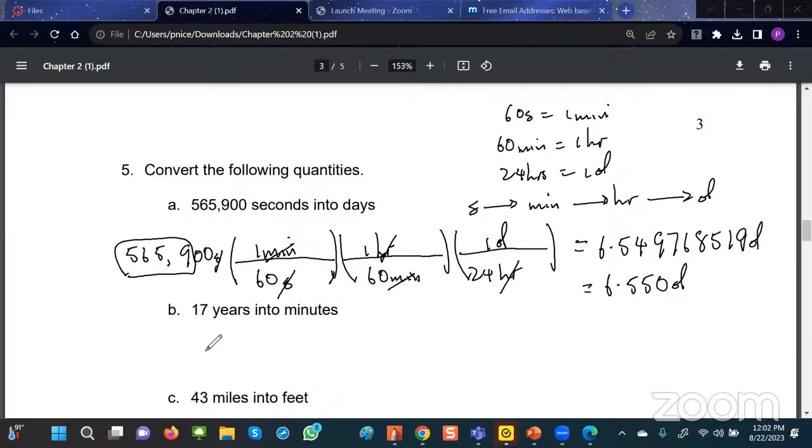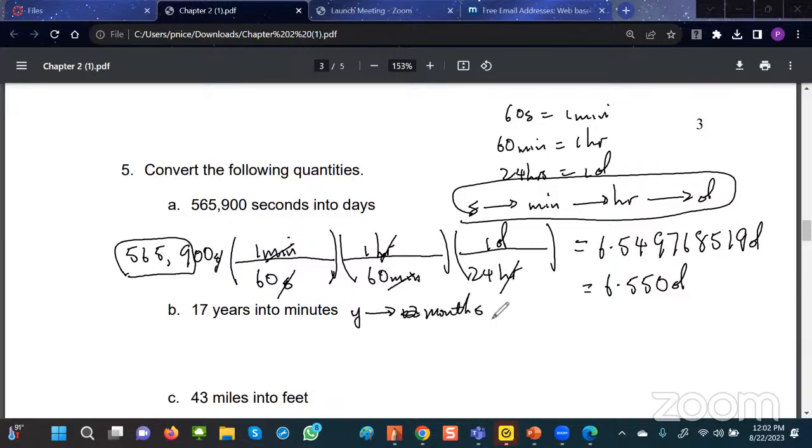Let's see. 17 years, we're going to convert that to minutes, right? So let's do a flow chart, like what I did here. What strategy would you take in order to solve that? Okay, well, let me put months here.